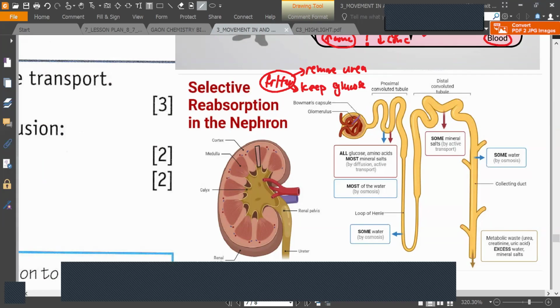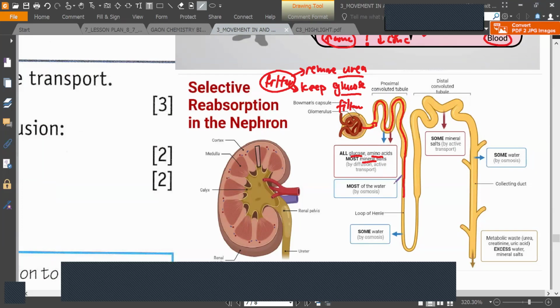First step, filtration happens through diffusion. The small molecules go inside this tube, like glucose, amino acids and mineral salts.